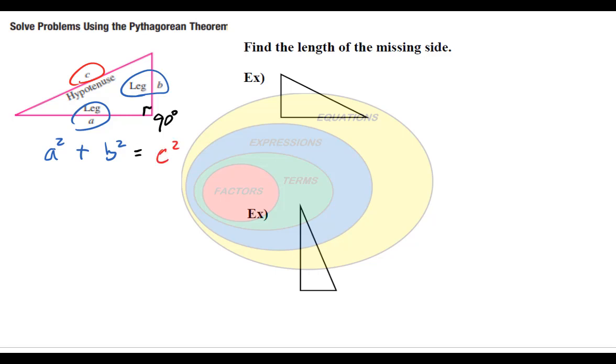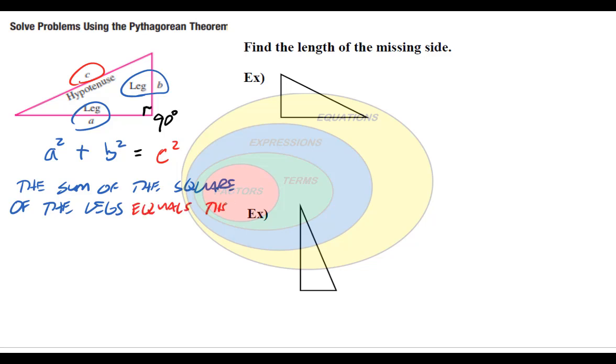So the sum of the squares of the legs equals the square of the hypotenuse. So every right triangle has this relationship.